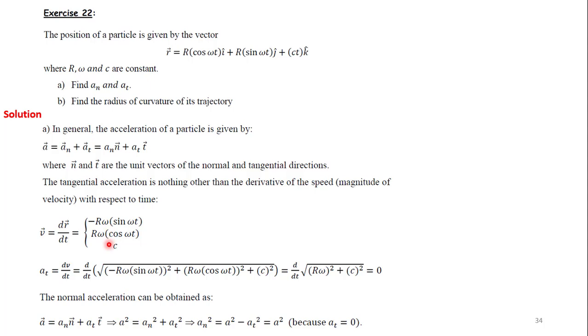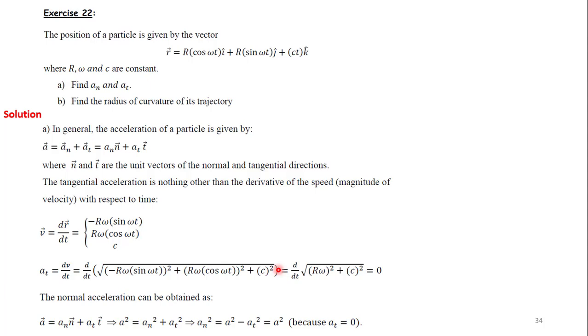Here we have three components along i, along j and along k. So we have the radical of R squared omega squared sine squared omega t plus R squared omega squared cosine squared omega t plus c squared.